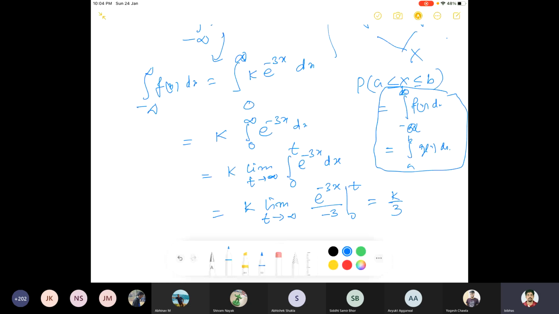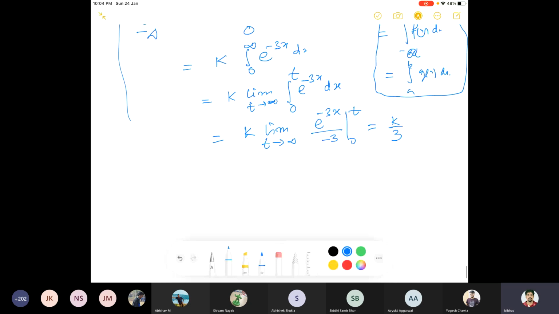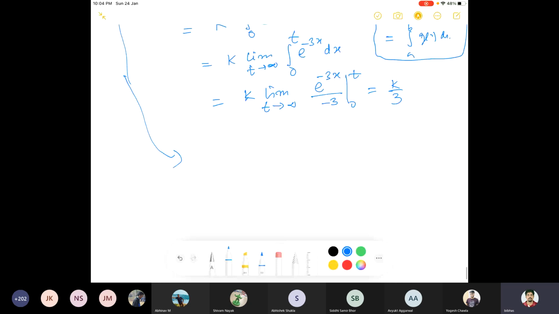So that means for only one value of K, it is a PDF. So this implies K equal to 3. So for K equal to 3, it is a PDF corresponding to some random variable.